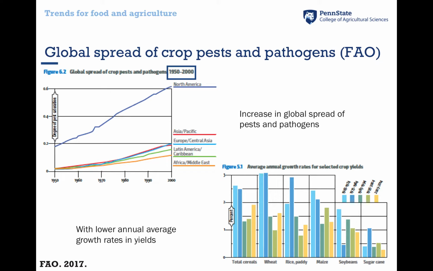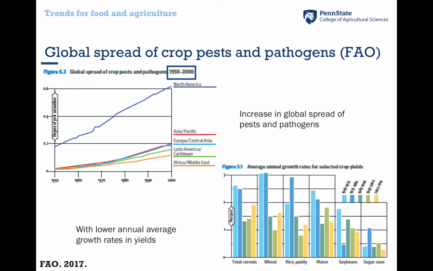One of the interesting pieces, and this again shouldn't be a surprise to an audience like this: if you look from 1950 to 2000, the global spread of crop pests and pathogens has continued to increase. The mobility and the movement obviously drives some of that.